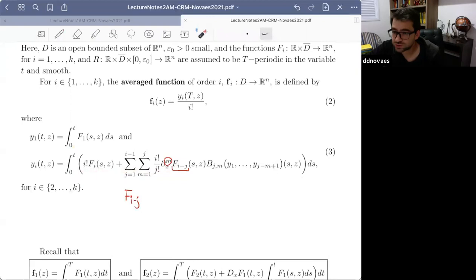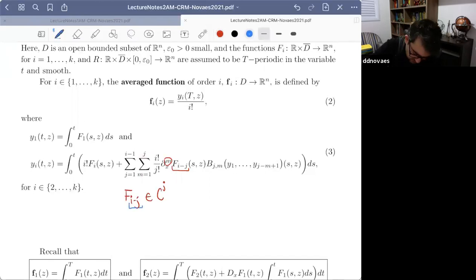So it's interesting, to avoid any problem, that this function belongs to the class C^m of differentiability. So it's m differentiable and the m-th derivative is continuous. m is an index which is at most j.